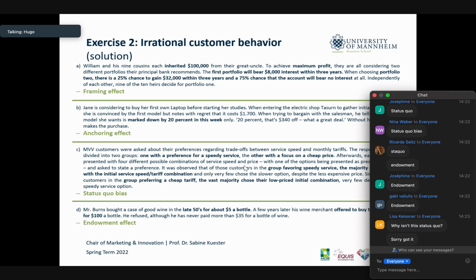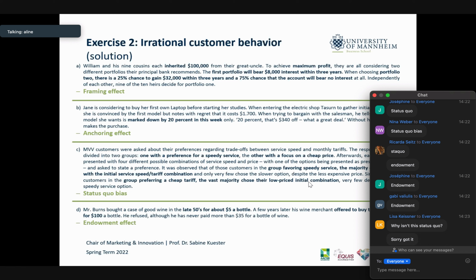There's written with one of the options being presented as the present condition. So this means they were given the tariff, but they had the opportunity to either stick with it or pick one tariff which is even faster, right? Exactly. And the people who would want to stay with the lower tariff chose to stick. They stayed with the slower one, although they could have chosen a faster one, right? That's my question.